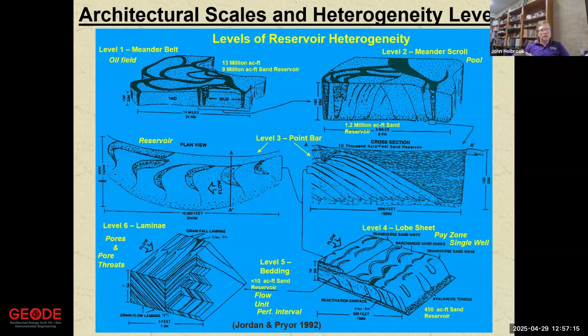So you have orders of hierarchy of sedimentary reservoir bodies. You may be dealing with small scale ones or higher order ones. It depends on the nature of your reservoir.